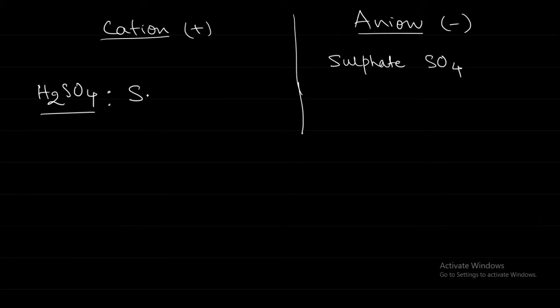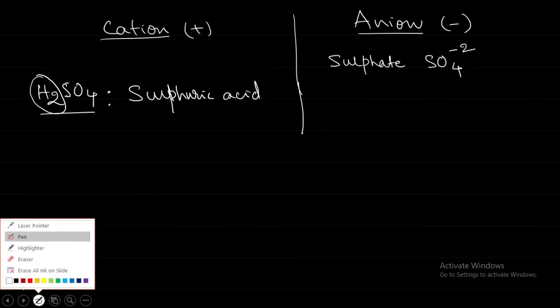Okay, sulfuric acid. If you remove the two hydrogens from H2SO4, what charge will you get? SO4 2 minus. Some people write minus 2, but the more correct way is to write 2 minus.